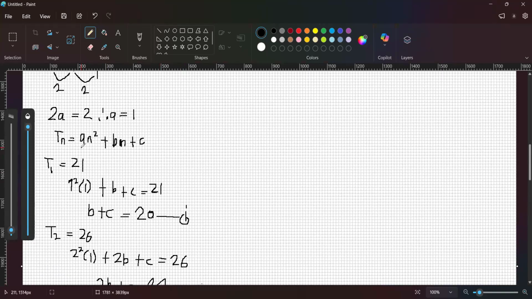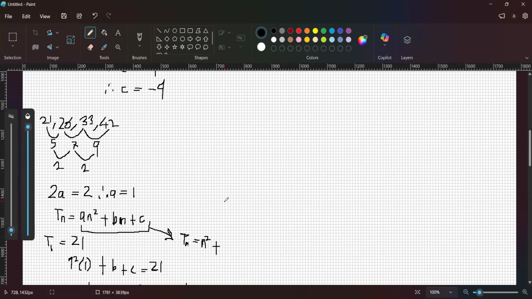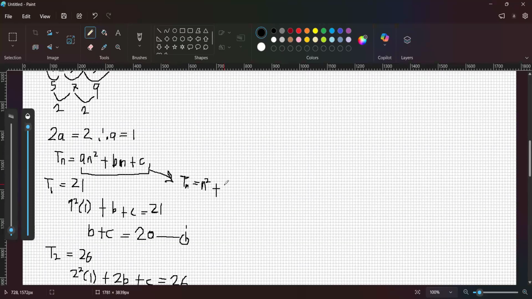So we can now come here and put in our values, and we'll see that Cn is equal to n squared, because a is 1, plus b was 2, so that's going to be 2n.